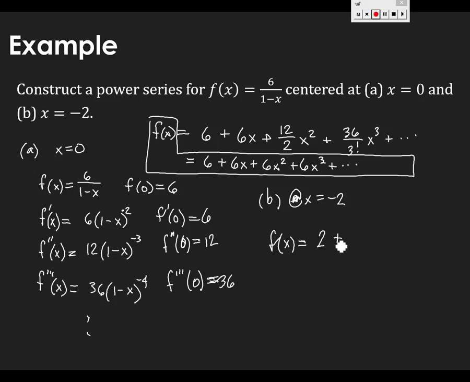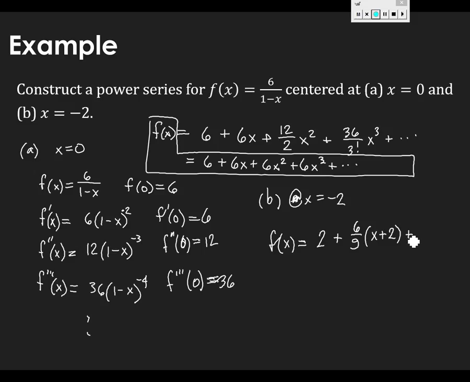So we'll have 6 over 2 cubed times, well, how do we write this? It's x plus 2 because we're centered at negative 2. Again, if we stop there, that's just the tangent line at x equals negative 2. That's all this is so far.